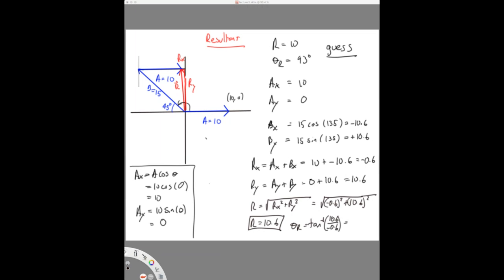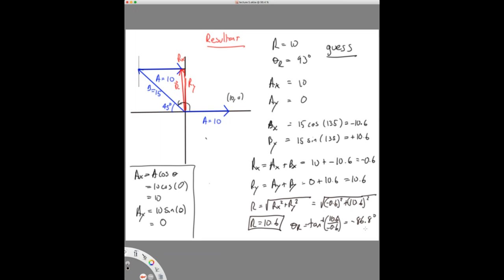Putting that in my calculator, I get minus 86.8 degrees. And the last thing is to check, does that make sense?